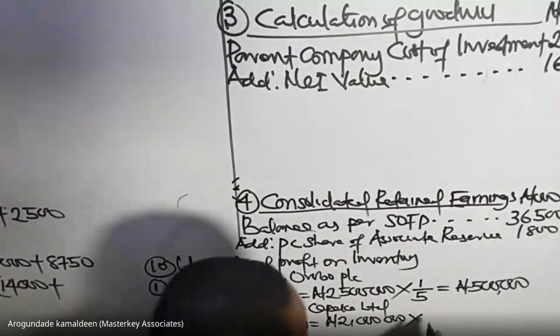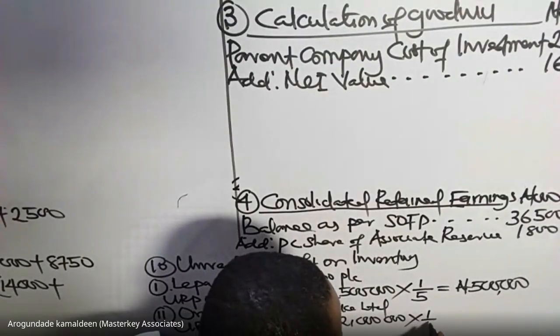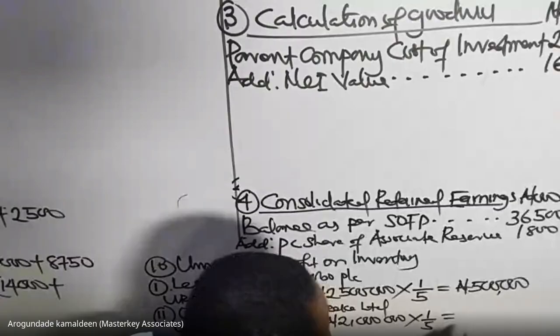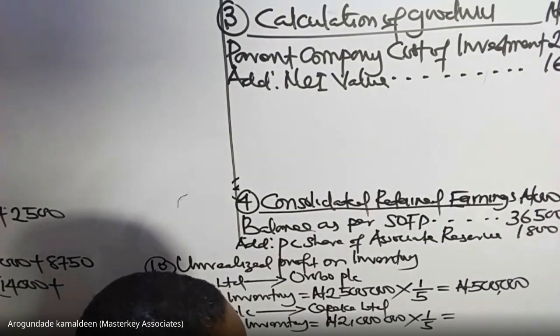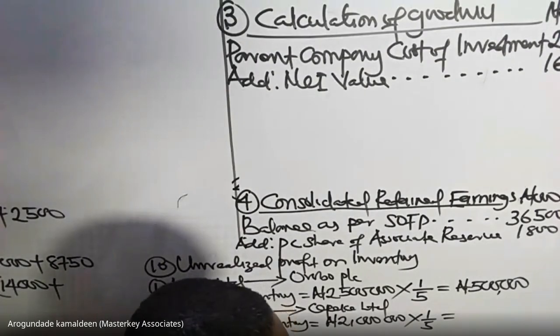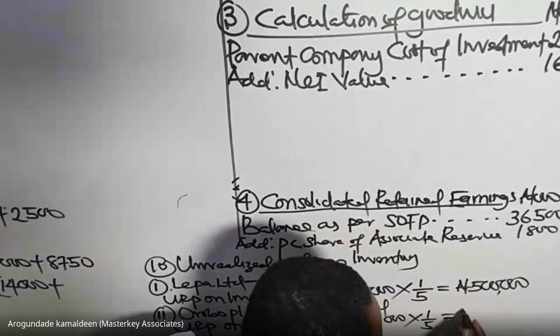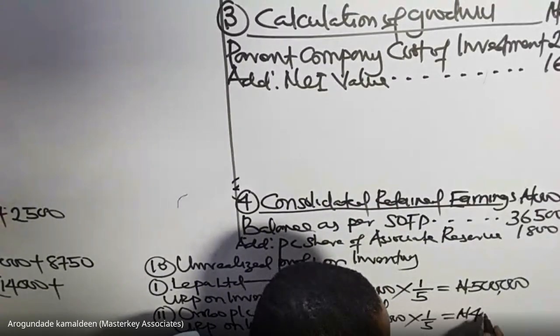The same policy, 1 over 5. That will give us what? 400,000. Okay, thank you, ma.